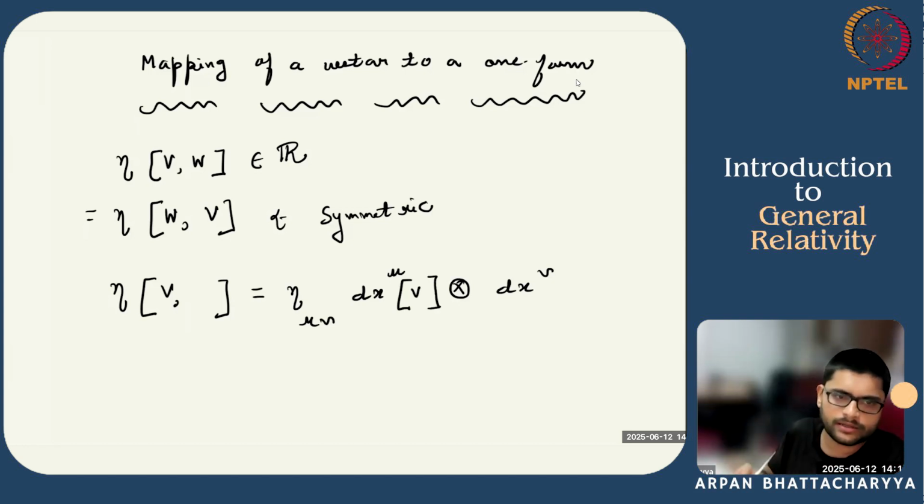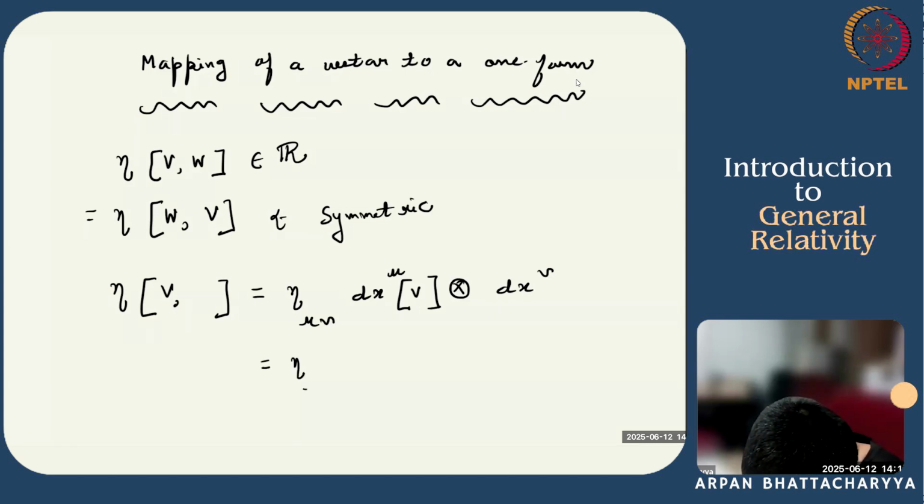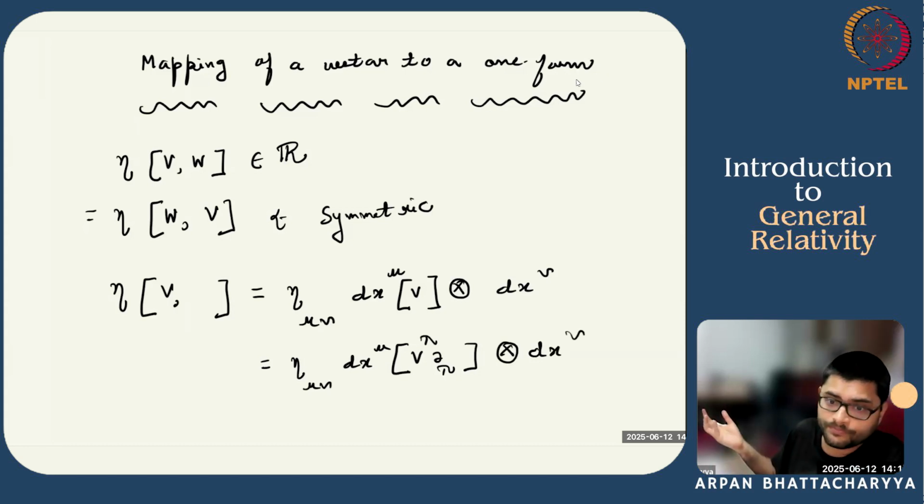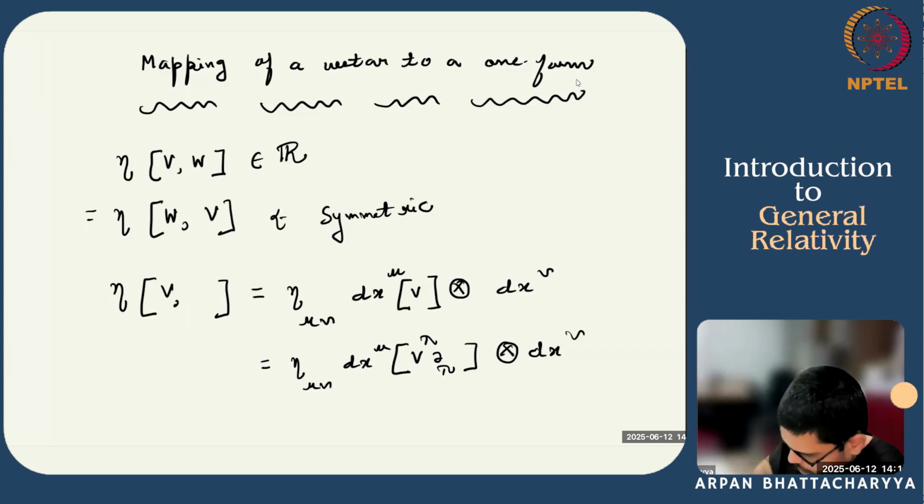So now let us write this v itself in terms of components and basis, v^lambda partial_lambda. Remember that these are all linear maps. This v^lambda is just a number, it will come out.